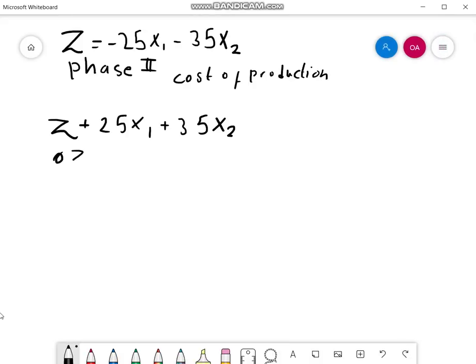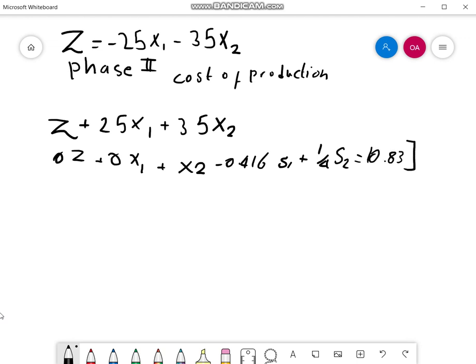So 0z plus 0x1 plus x2 minus 0.416 s1 plus 1 over 4 s2, which is equal to 10.83, all multiplied by 35.